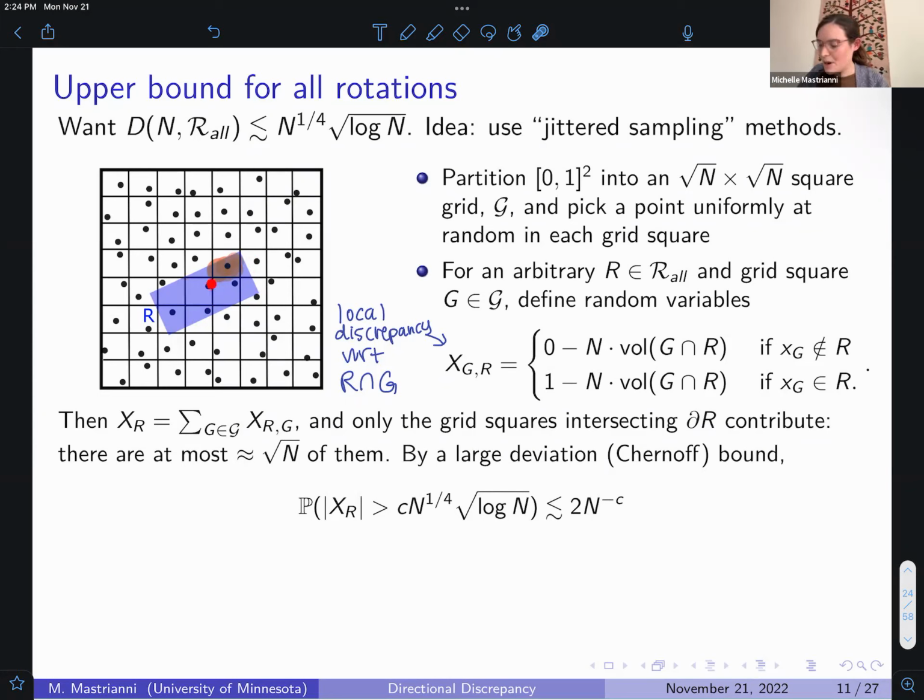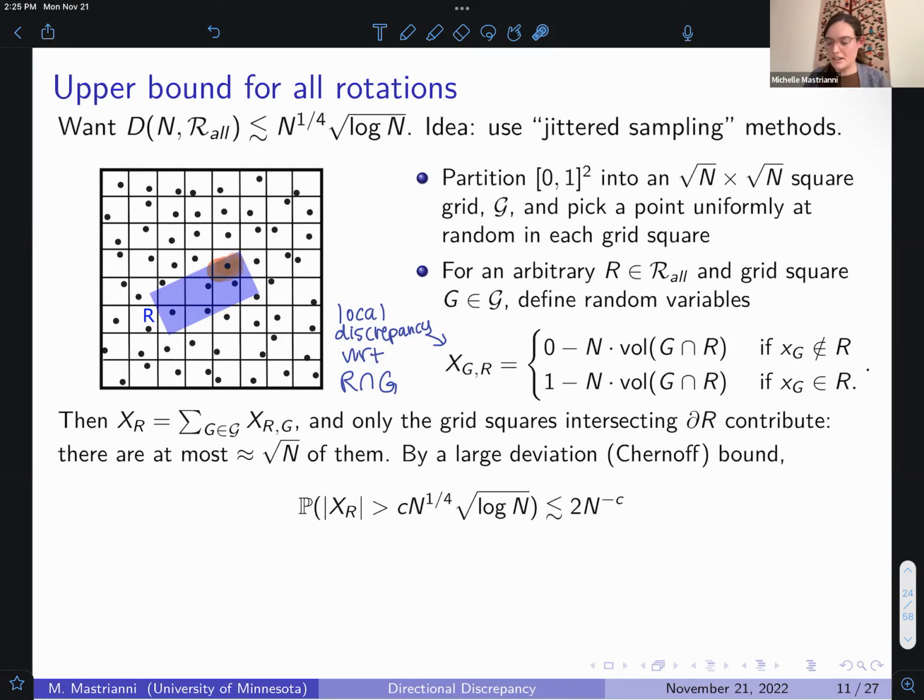Because if you have a grid square entirely contained in the rectangle, that grid square has volume 1 over n times the volume, which is 1, and you have exactly 1 point in that square, as you would hope. So the contribution to the discrepancy is going to be 0 in that case, and we don't care about grid squares which are outside the rectangle either. So really only the grid squares intersecting the boundary contribute.